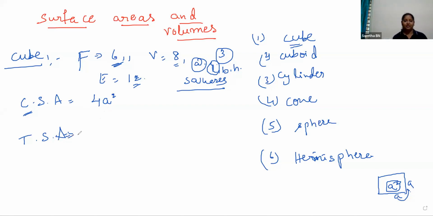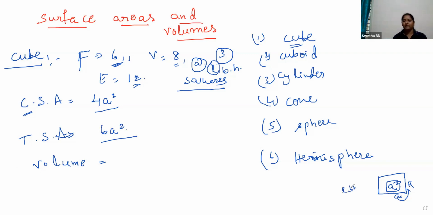Okay. What is total surface area? Here we consider all the 6 faces, including top and bottom. So what is the formula? Ma'am, 6A square. Okay. And what is the volume of cube? For plane surfaces we took length and breadth, and here we have height also.